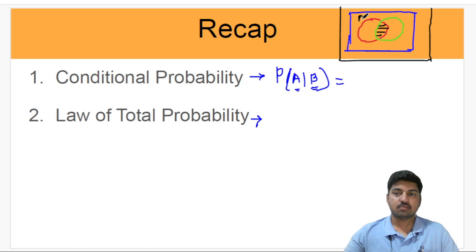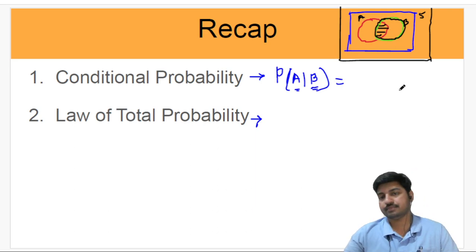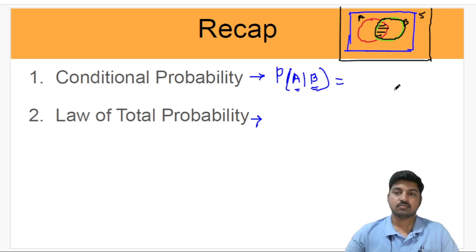Okay. So this is my event A, this is my event B, this is my sample space. The event B has already happened. This is what I know. Now I'm asking what is the probability that event A will also happen? That is this part upon this whole part. Because now the sample space will reduce.